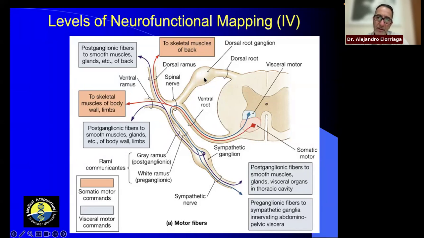The body of those fibers lives in the dorsal root ganglia, and then the arrangement between the ventral root and the dorsal root creates the spinal nerve, which then divides into anterior and posterior primary rami. Each of those subdivides. The posterior subdivides into medial and lateral, and the anterior into anterior and posterior.